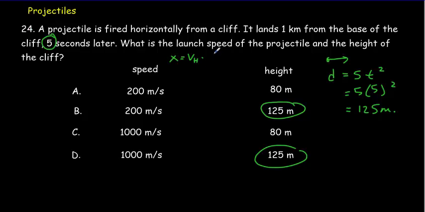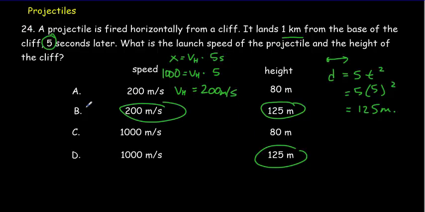And we know the amount of time in the air is 5 seconds. So if it ends up 1 kilometer or 1,000 meters away from the cliff, then that horizontal launch speed times 5 has to equal 1,000. And the horizontal launch speed, therefore, is going to have to equal 200 meters per second. So the correct answer would be B.